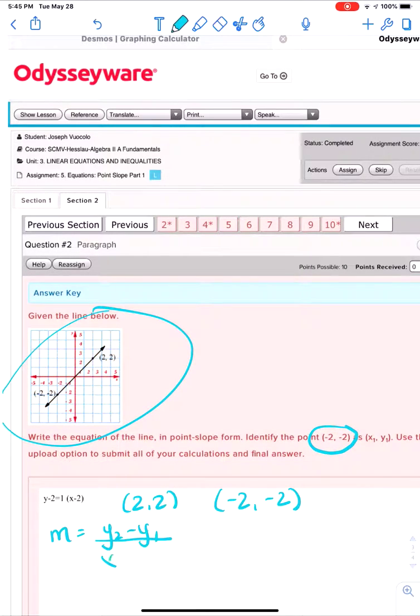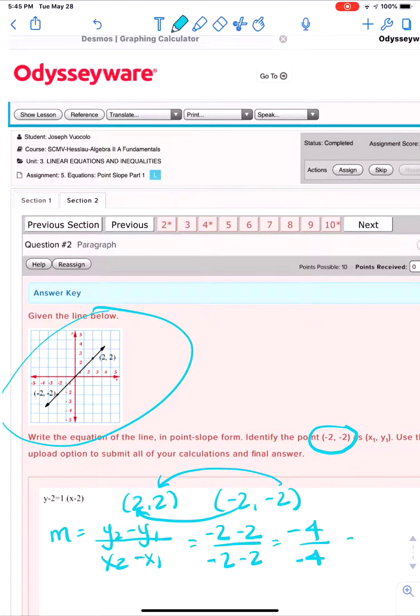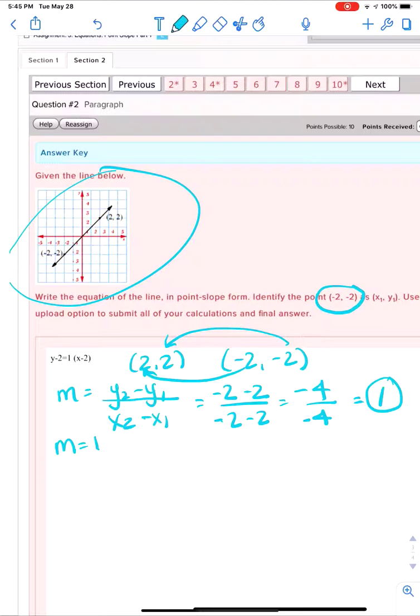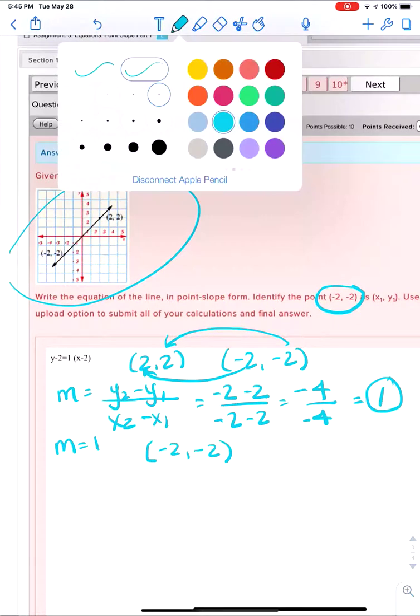I'll set this up. So -2 minus 2 is going to be -4, and -2 minus 2 is going to be -4. And that's going to end up equaling 1. So your slope is 1. The point that we're going to use is (-2, -2). And then we have to start to set up the equation.